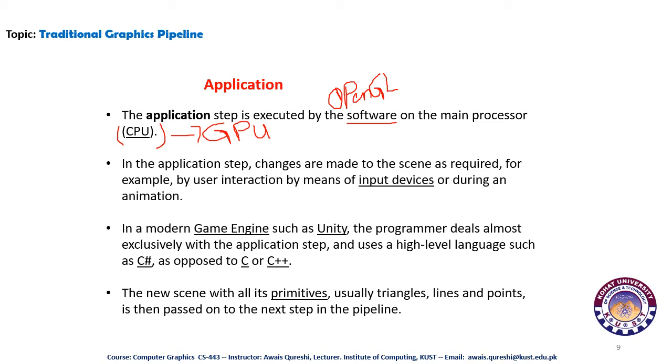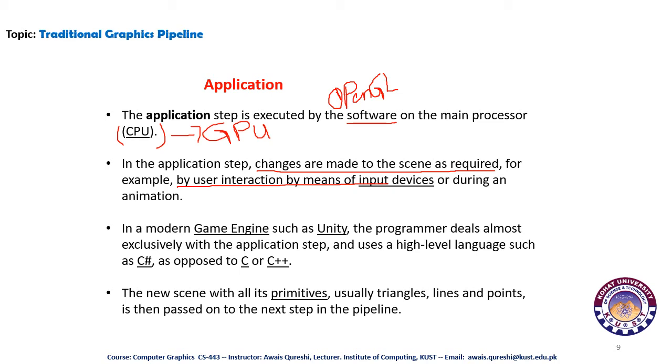In the application step, changes are made to the scene as required. Some modifications need to be done to the scene according to the requirement, for example, by user interaction by means of input devices, or during an animation. So these are the modifications that need to be done with the help of input devices or during an animation.